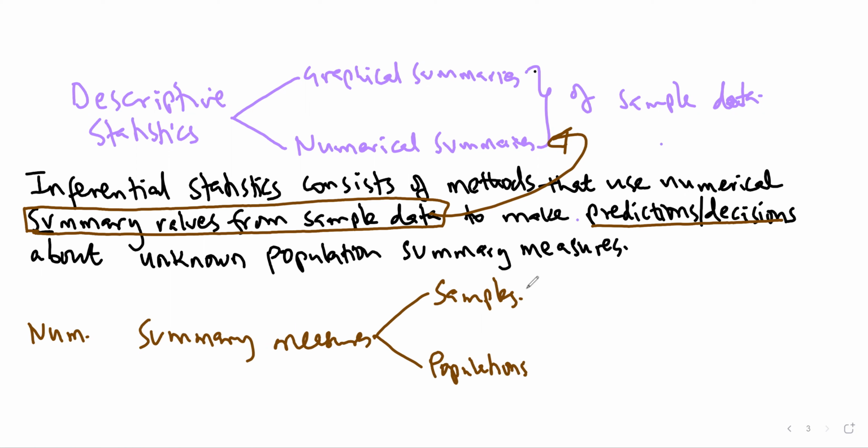The summary values that are coming from samples are always calculated. That means they are known. We can figure them out. We can calculate them from the data. But the summary measures from the population, in most of the cases, are unknown.